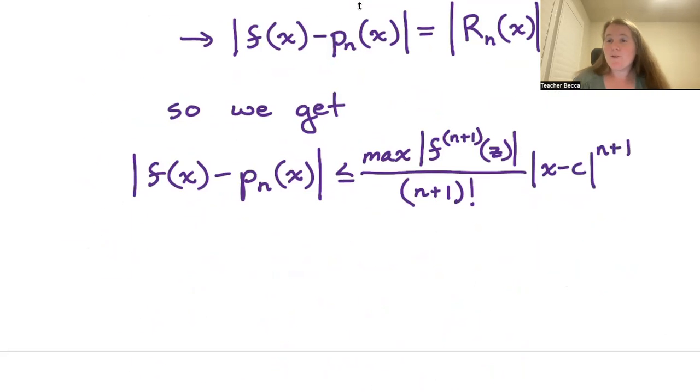So essentially we have a formula that puts a bound on the error of our Taylor polynomial in terms of its ability to approximate.